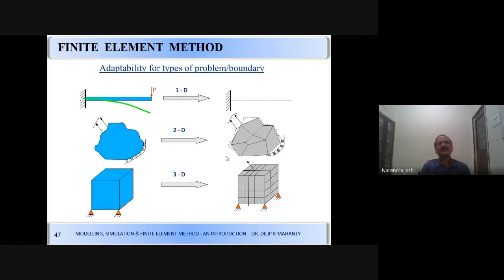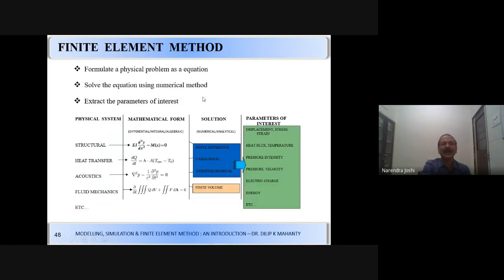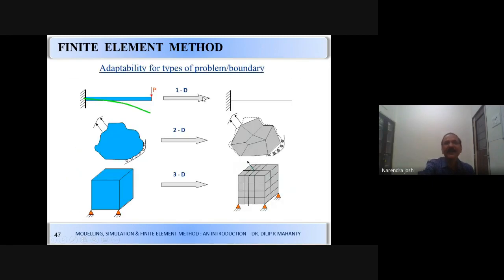The most important aspect of this method is that it can adapt to different types of problems and boundaries. The first example: all engineering students, irrespective of branch, have gone through the calculation or simulation of a cantilever beam. I apply a load, and how much deflection happens? We got a mathematical equation for it. When I do a model, this is my modeling aspect.